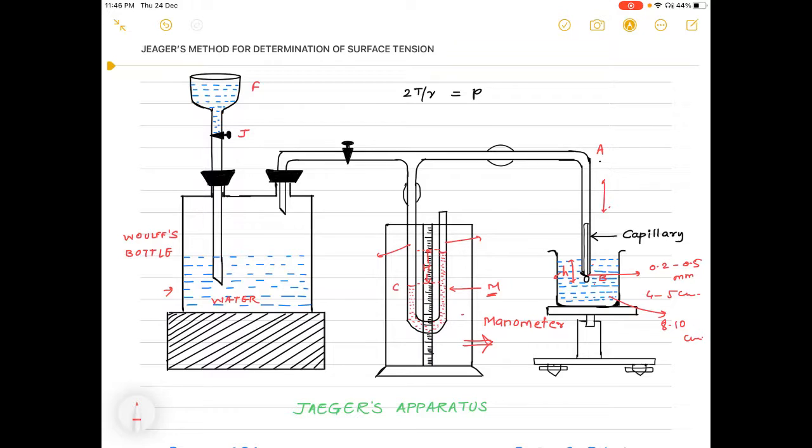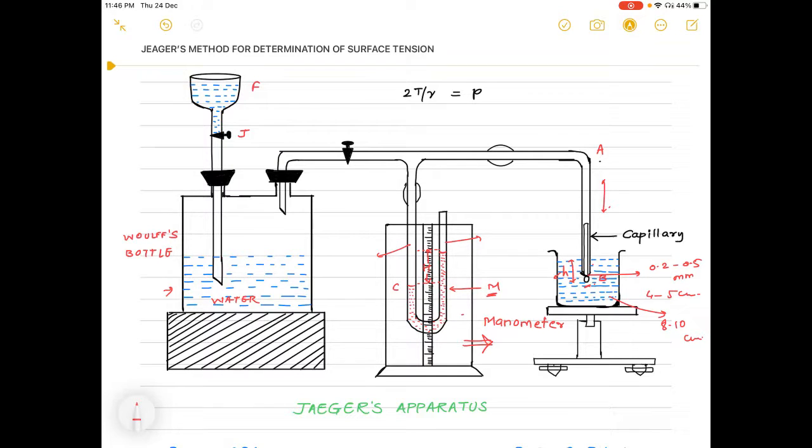Now, some air is forced into tube AB by dropping water into the Wolf's bottle, which displaces its own volume of air from it. The liquid column in AB is thus slowly moved down until it reaches B, where a bubble is formed.